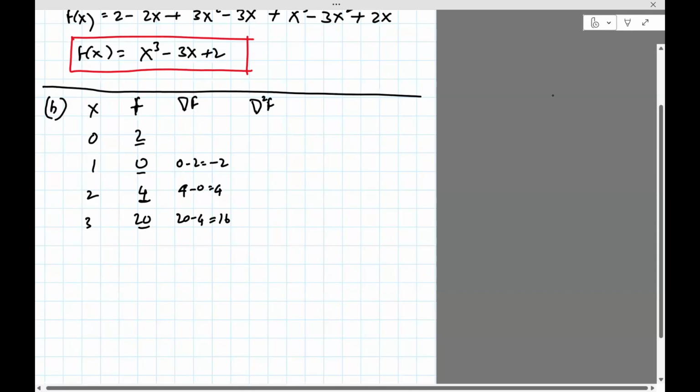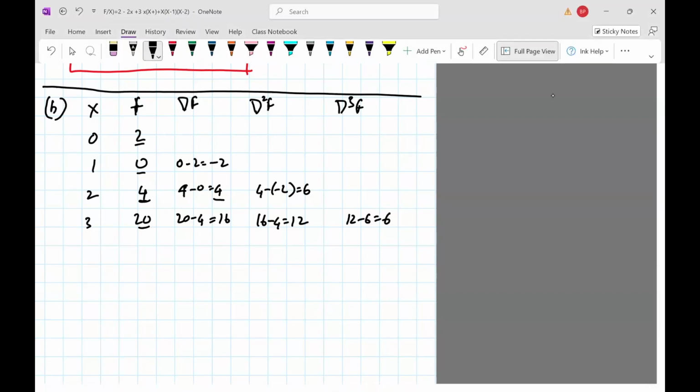Then delta square f, we again start from the bottom. 16 minus 4 is 12. Next is 4 minus minus 2, which is 6. And then finally, delta cube f would be 12 minus 6, which is 6.